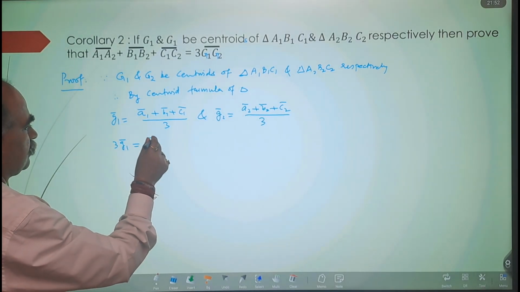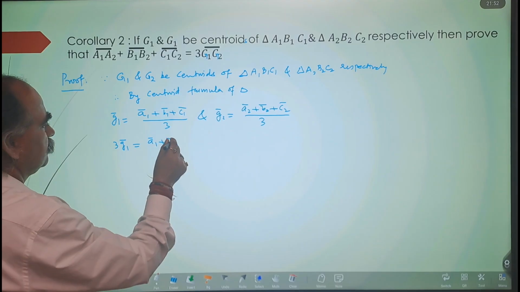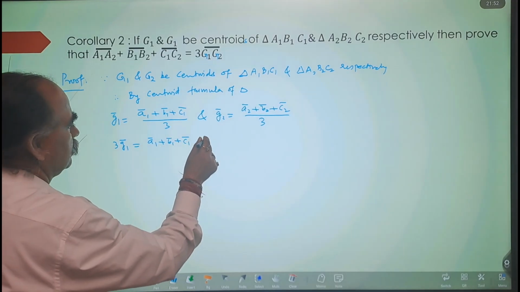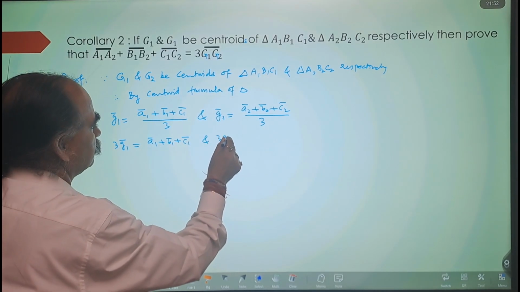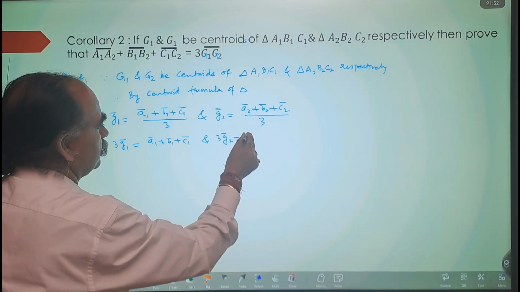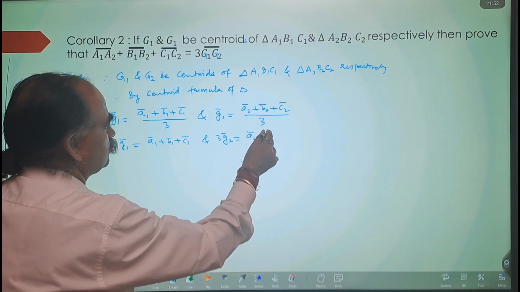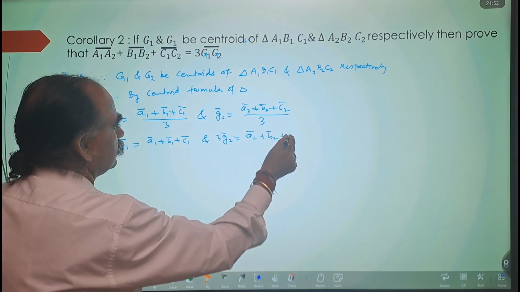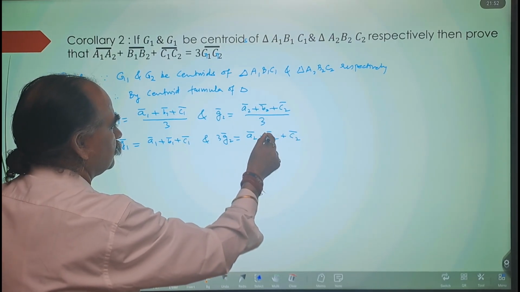Is equal to A1 bar plus B1 bar plus C1 bar, and 3G2 bar is what? A2 bar plus B2 bar plus C2 bar.